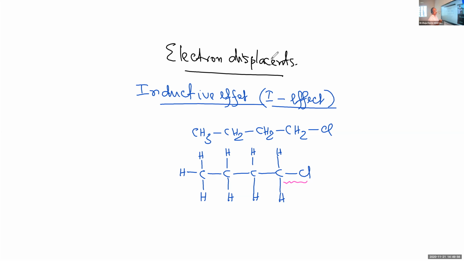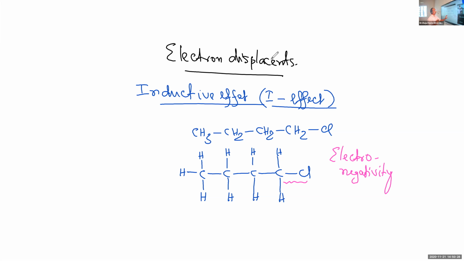The power to attract a shared pair of electrons present in a covalent bond is called electronegativity. So electronegativity is a measure of the power of an atom to attract a shared pair of electrons present in a covalent bond.